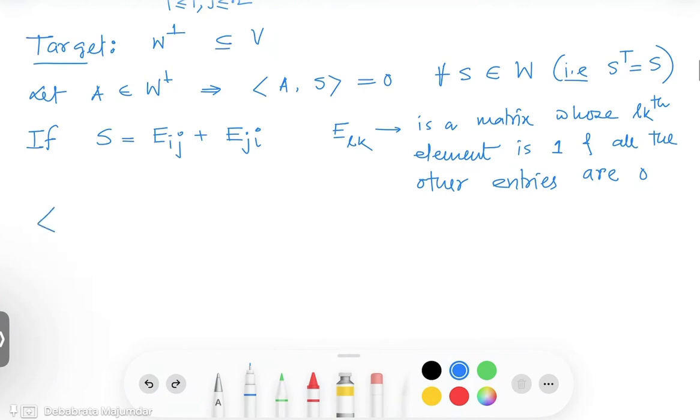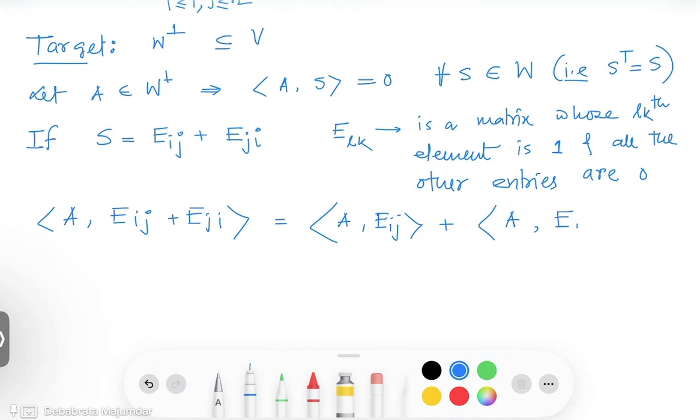So if I do this, basically this will be the inner product of A with Eij plus the inner product of A with Eji. I am saying this inner product is linear with respect to the second component also, right? Why is this happening?